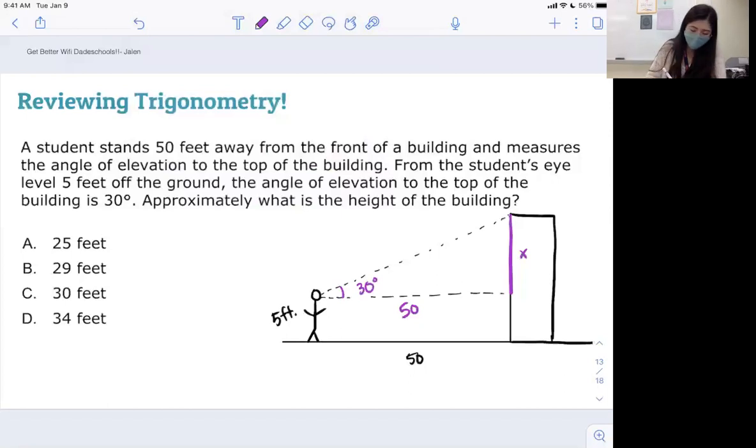Tangent of 30 equals X over 50. What do I do to both sides? Times 50. So X is equal to 50 times the tangent of 30.